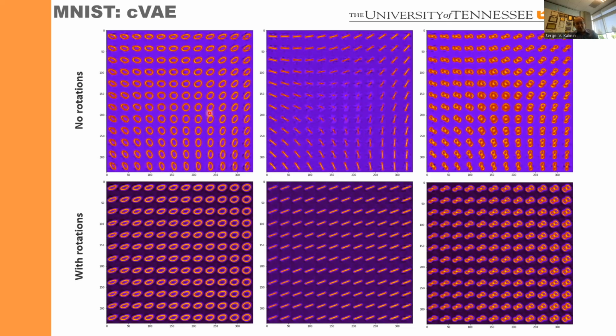If we have no rotation, then you can see that we have a latent space for each digit, but the center of the latent space can be absolutely unphysical. For the zeros, you can say, hey, this is just a rotationally invariant zero. Maybe some people write it this way. But nobody writes 1 like this and nobody writes 8 like this.